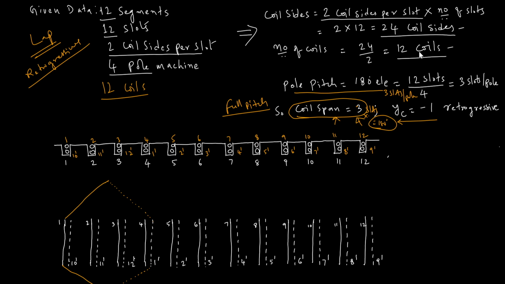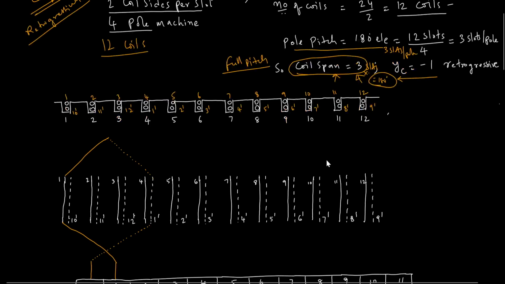Okay, let us see. We have 12 slots. These are slot numbers, and these are the coil sides. 12 coils and 24 coil sides.